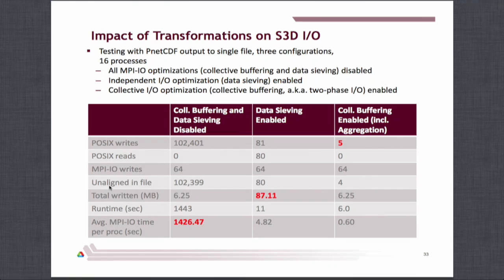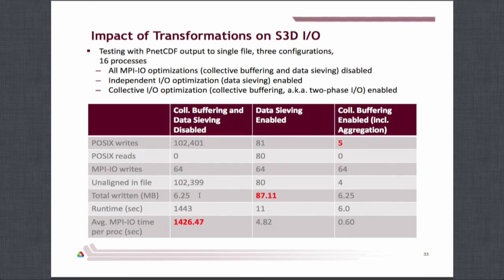So this example is some statistics that we collected from just a small run with 16 processes. And the first column over here shows basically no optimizations. What you express for parallel netCDF to do is what gets pushed down to the file system. And the application, just with 16 processes, did 100,000 writes. Practically all of them were unaligned.